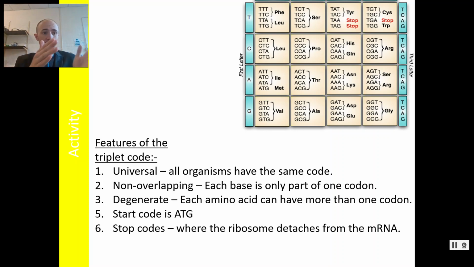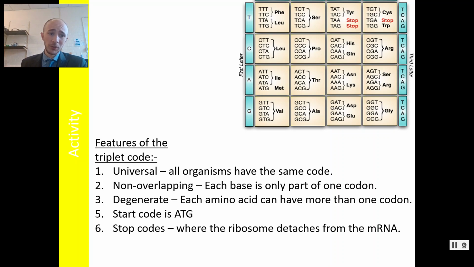It's 3 bases and then another 3 bases, and you can't have a base that's in the first codon and the second codon. They're separate from each other. Each 3 bases are a separate unit. Non-overlapping is probably the hardest one to word, but if you just remember it means that each base is only part of one codon, or one triplet, you'll probably be alright.